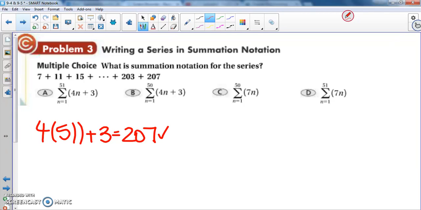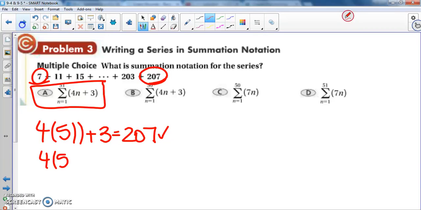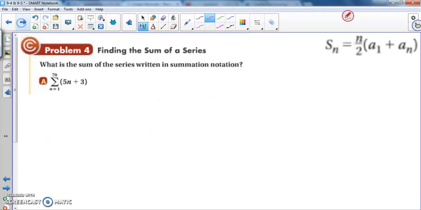Since it is, that is telling me that this is showing this series. So A would be the notation for that. If we tried 50, it would be 4 times 50 plus 3, which is equal to 203. No, and it doesn't work for C and D either. So we know that A is our choice.